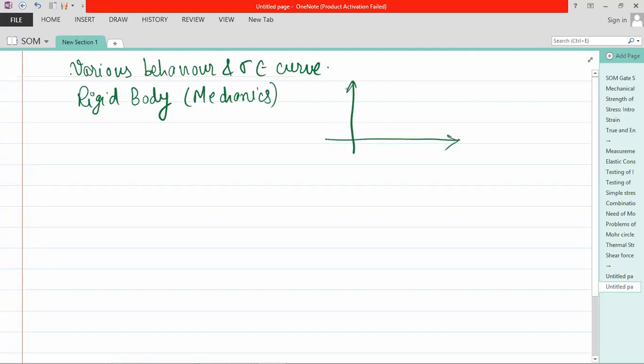Can anyone just say in one line what is the stress strain curve for a rigid body? At least type in the message. Any guess?